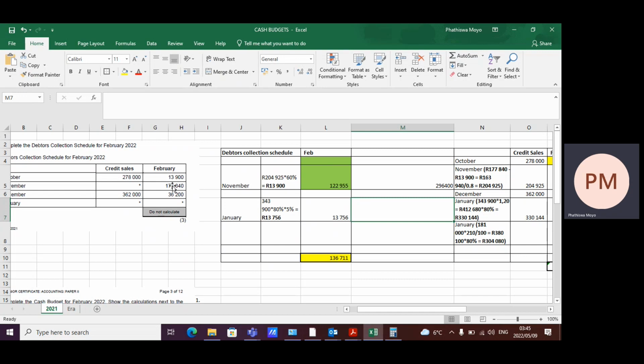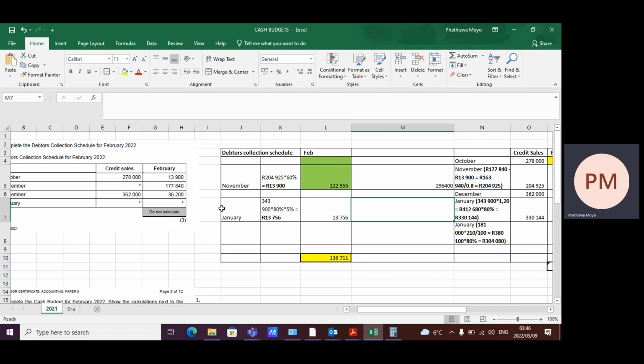But what we are aware of, that part of these collections included October collections. So we say this is the money recorded in the collections for February.